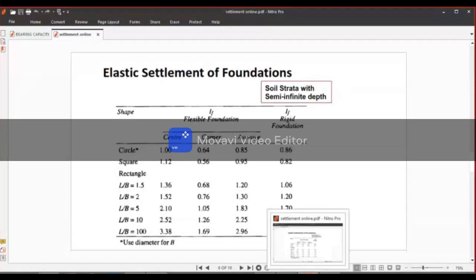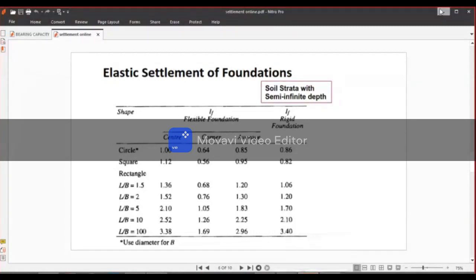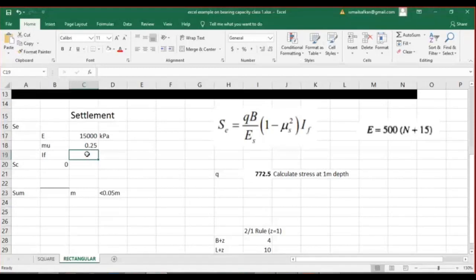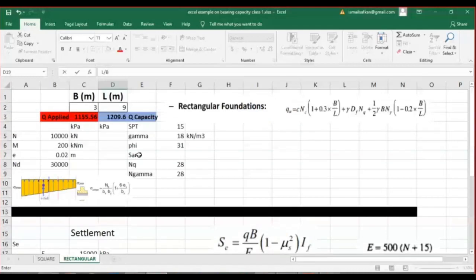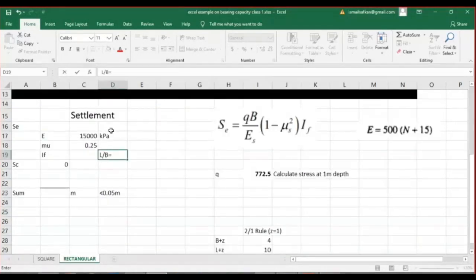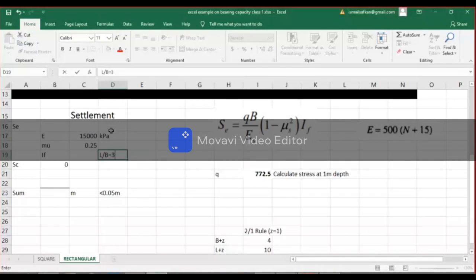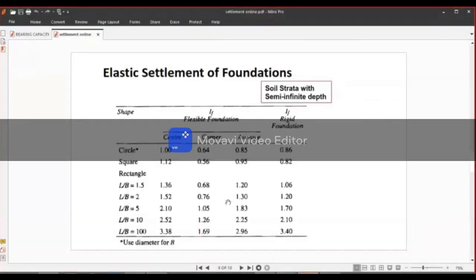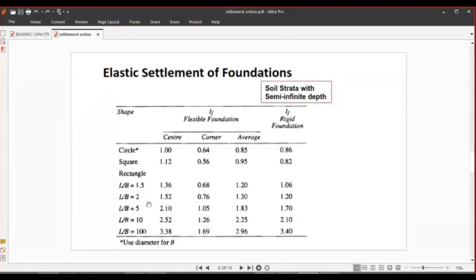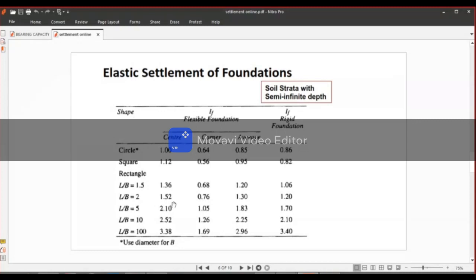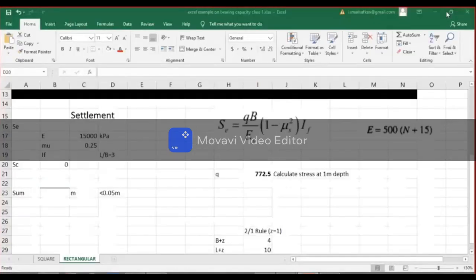L over B ratio is required. L over B, 9 divided by 3 will give you 3. So you need to go here and take something close to this 2. In between here, L over B is 3. You can do linear relationship, correlation. Let's assume 1.8 for now.